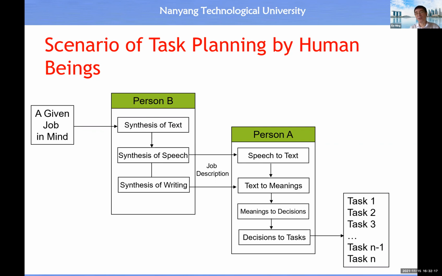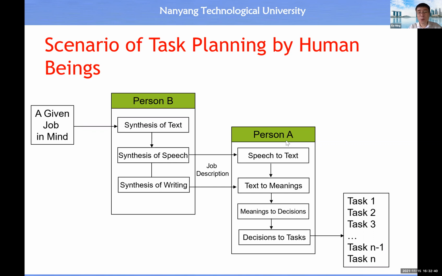So he fully understands what the job should be to deliver by a manufacturing system. Then he just uses human language to write down a job description and either passes the written description to person A or speaks to person A.